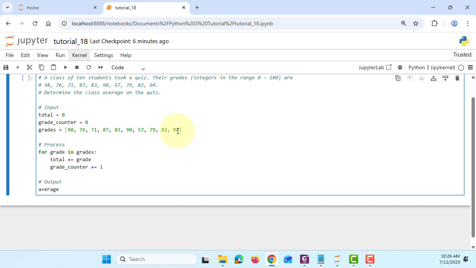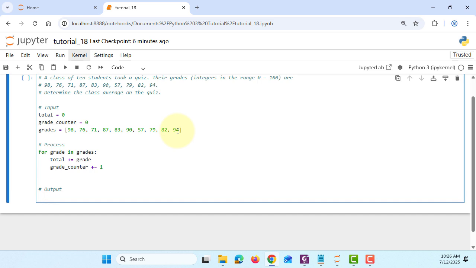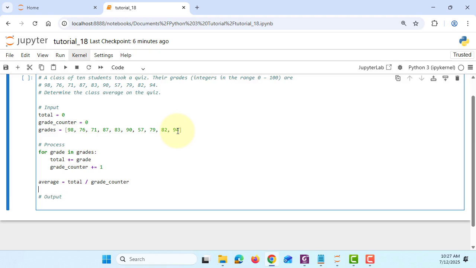Usually the average we should put as a part of the calculation. So let me go back. Okay, here, average: total divided by grade counter. So basically we sum all these numbers and then divide by, actually, 10.